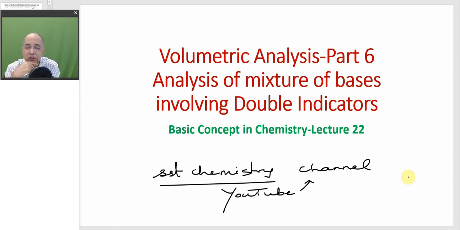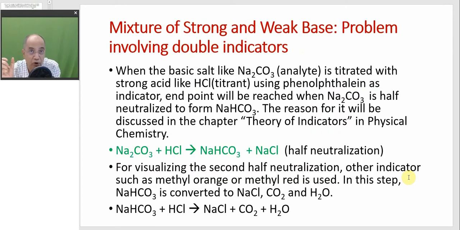Why? What for? Why not one indicator? All these details we shall know in this chapter, but we will have some limitations. I will tell you what the limitation is at this point of time: we cannot know that thing, but we can apply it to solve problems. Just hold on.